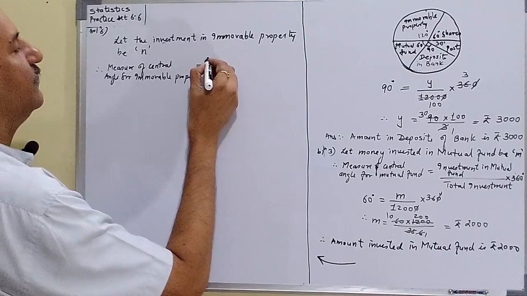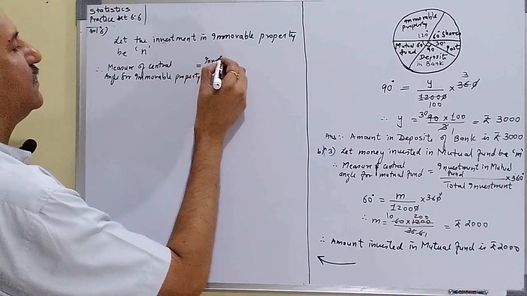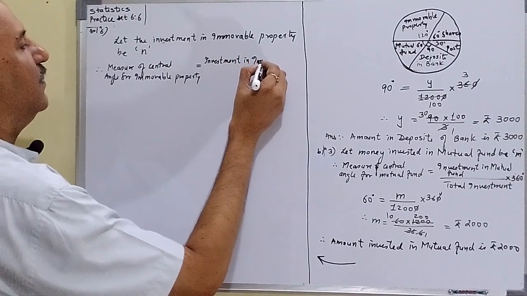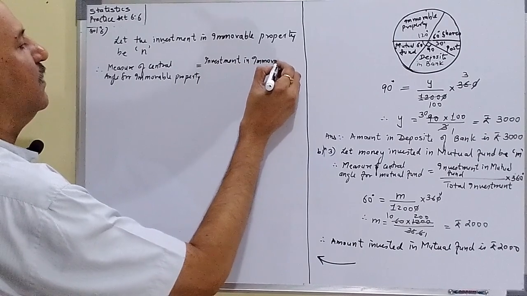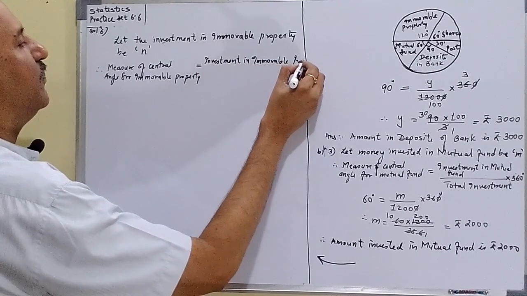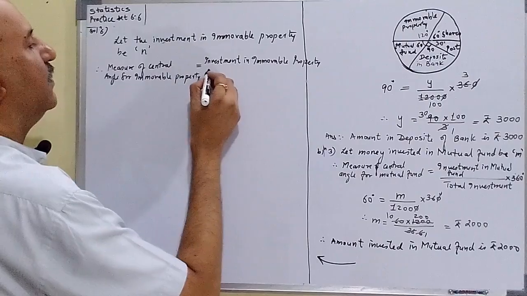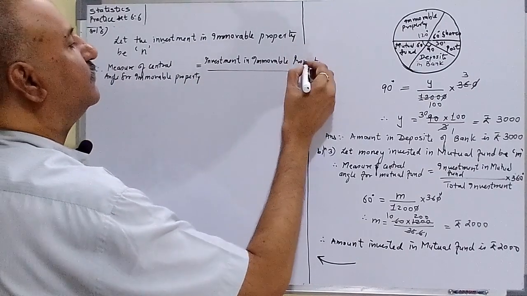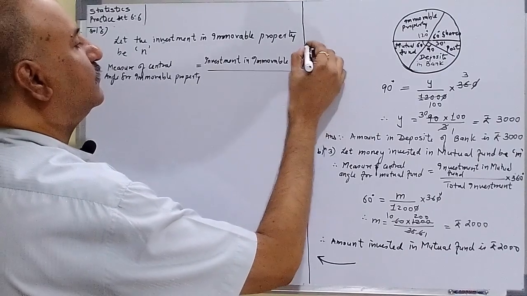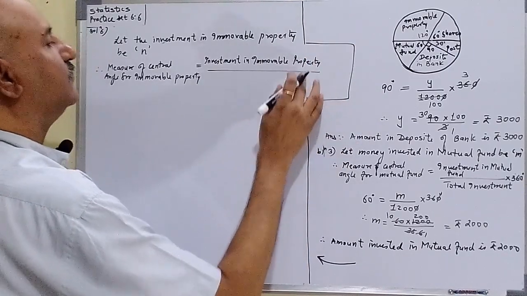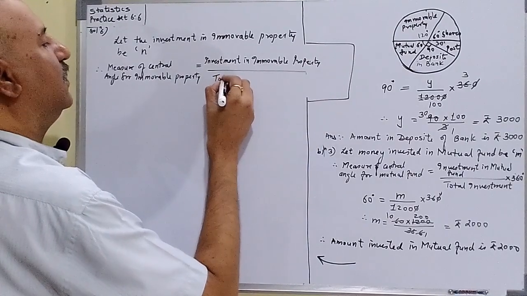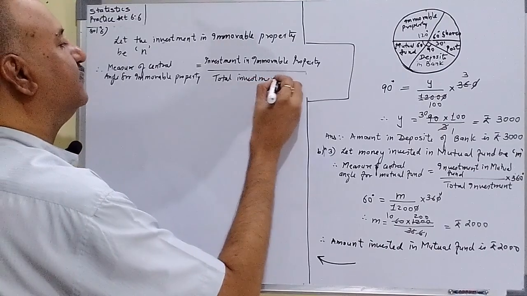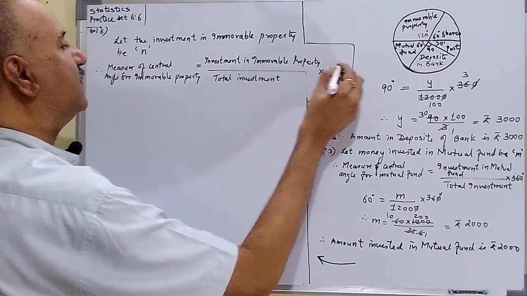is what? Investment in immovable property divided by total investment into 360.